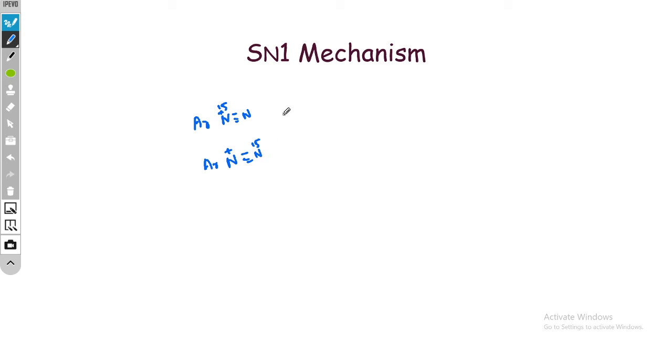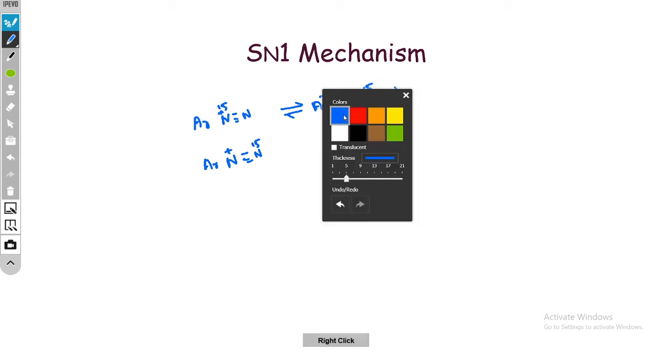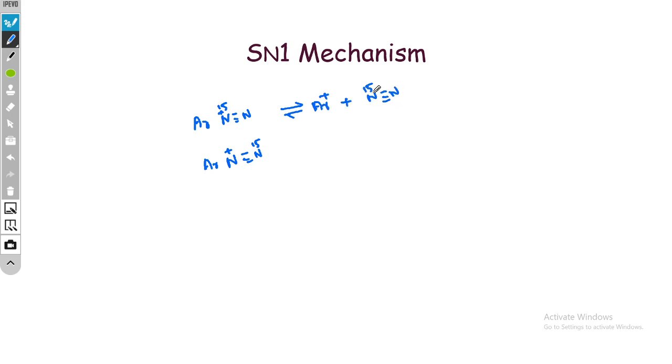This could arise only if the nitrogen breaks away from the ring and then returns. That is, here Ar breaks and the phenyl carbocation is formed, and then nitrogen breaks away, and this is nitrogen 15. So this eliminated nitrogen may recombine with the phenyl cation to form these two products.